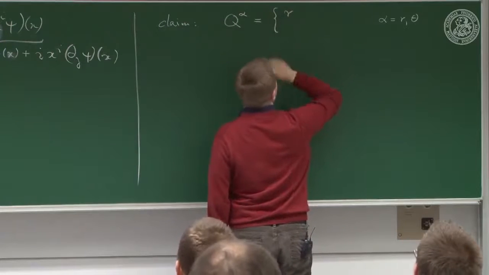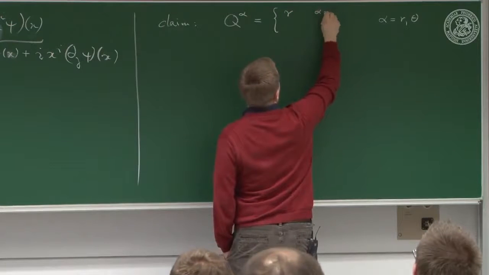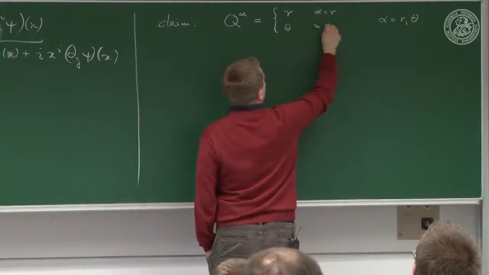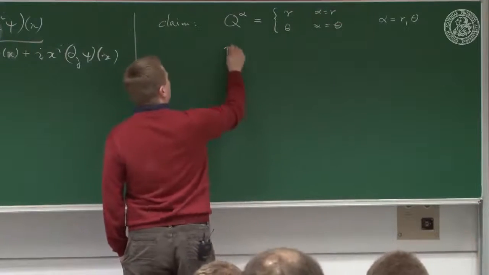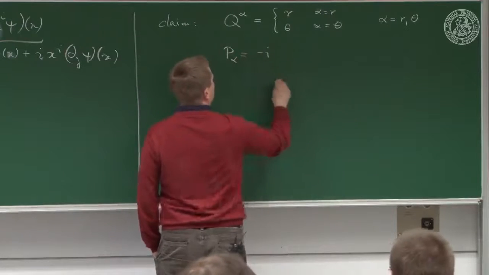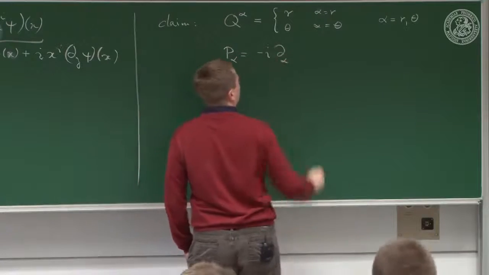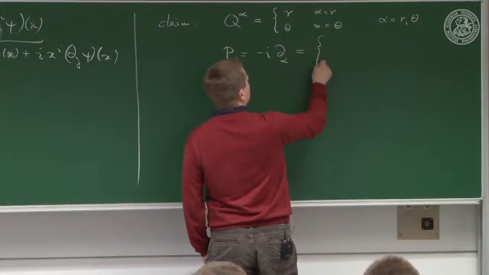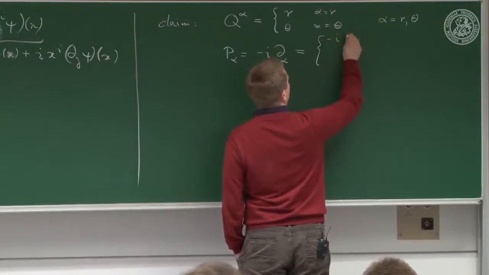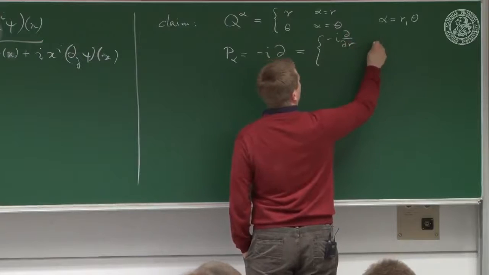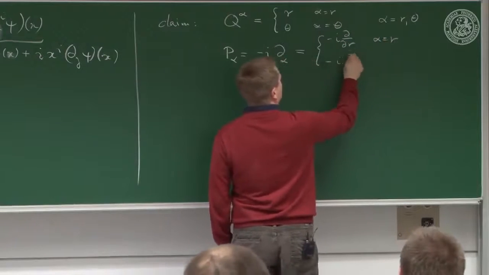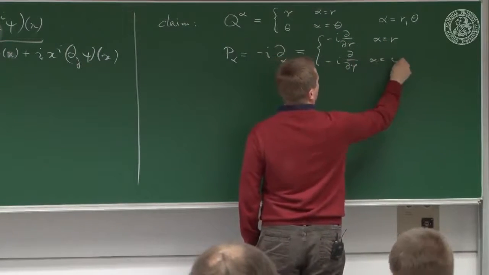Well, it's a little silly. And this is theta if alpha equals theta. And the P alpha, I set minus i del alpha, which again is supposed to mean minus i d by dr if alpha is r, and minus i d by d phi if alpha is phi.